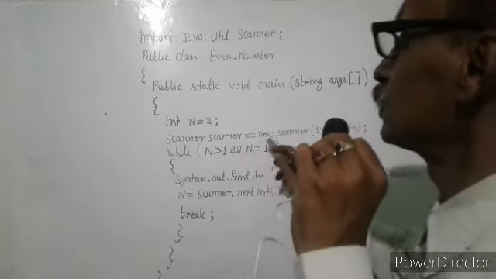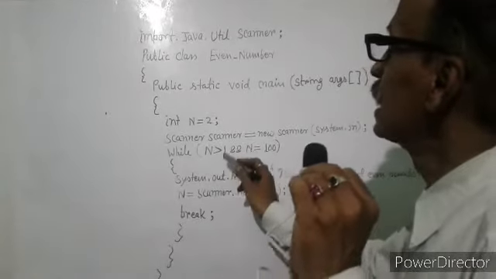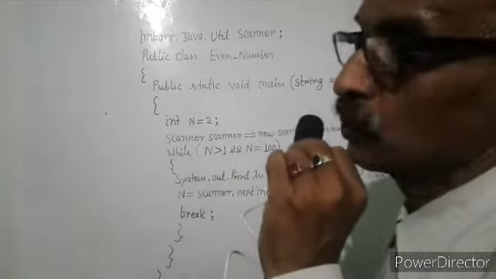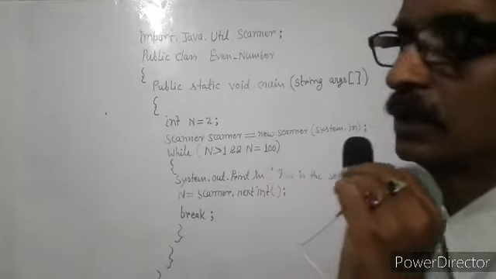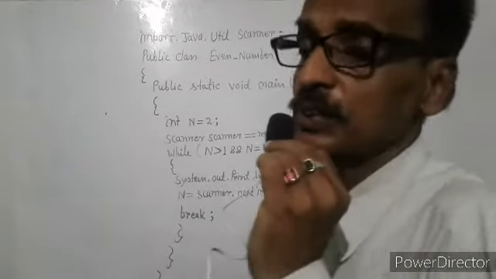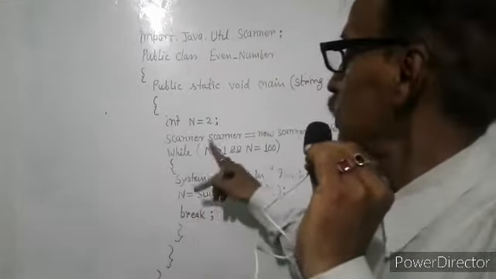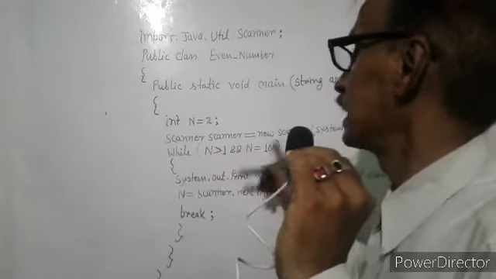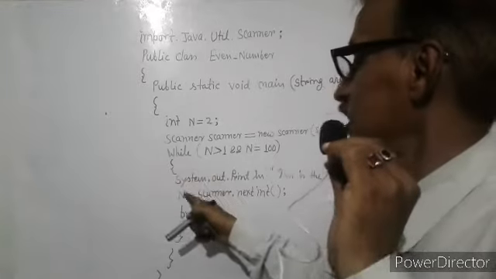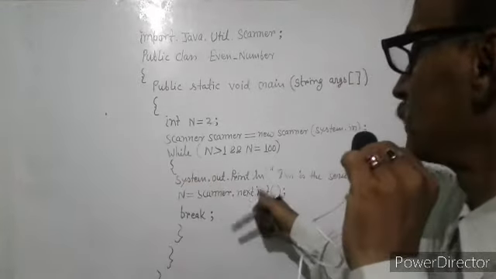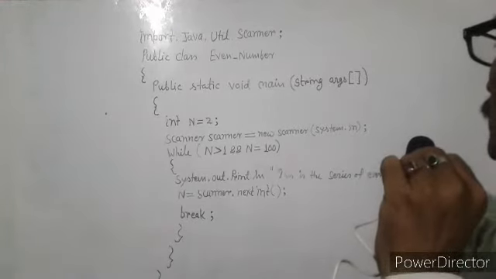Scanner sc = new Scanner(System.in); while (n >= 1 && n <= 100). That means the value of n lies between 1 and 101. In that case, open braces, System.out.println("This is the series of even numbers" + n).